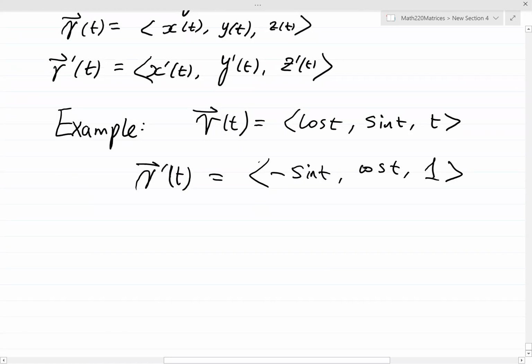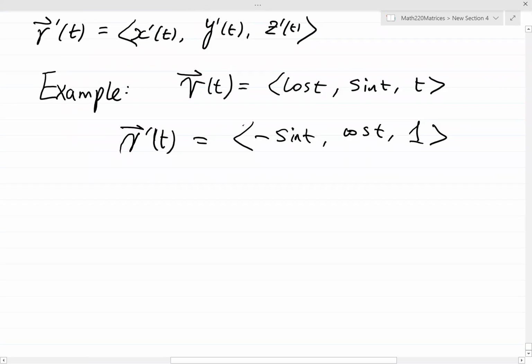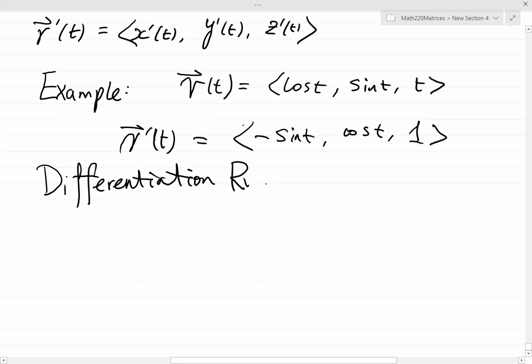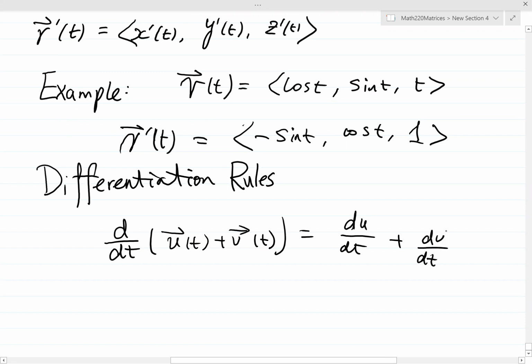Okay, we have very easy rules for derivatives, like the linear property and how the derivative behaves with cross product and dot product. So, differentiation rules. We have d/dt of u(t) plus v(t), which is du over dt plus dv over dt, the linear property.